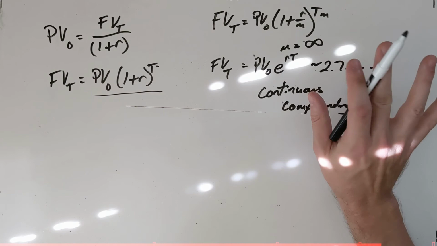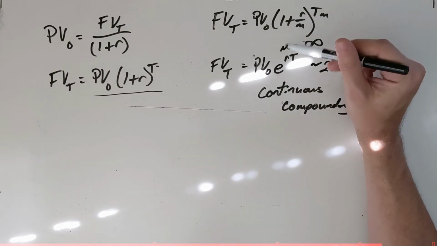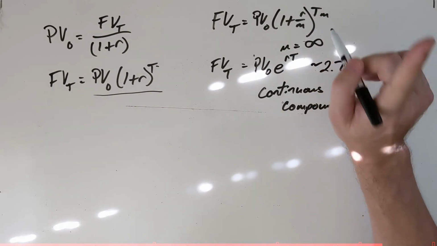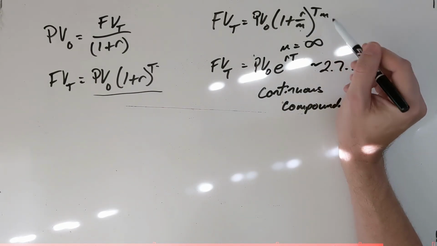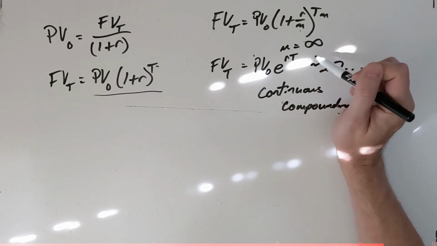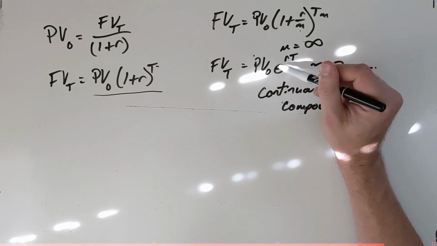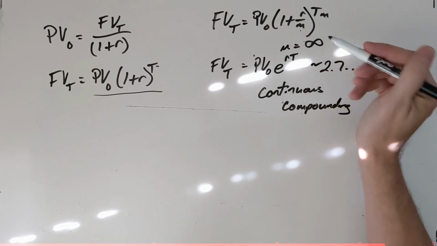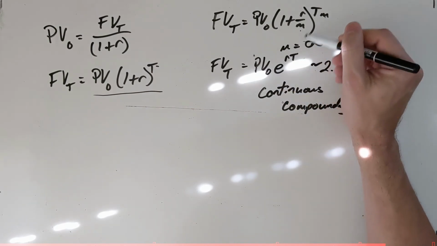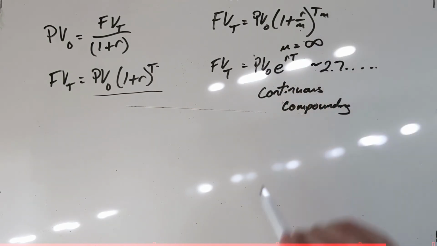So here's the weird thing. These two formulas give you the exact same answer if you make M infinitely large. So this formula actually is this formula. That's crazy because it looks totally different, but it is this formula if M equals infinity.